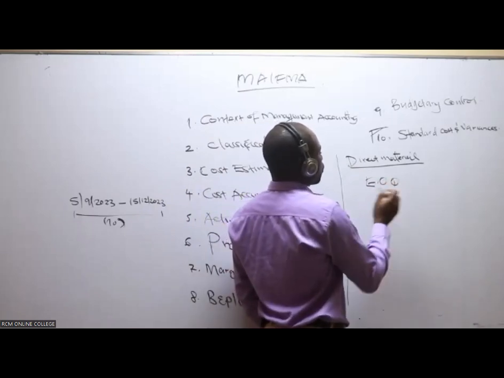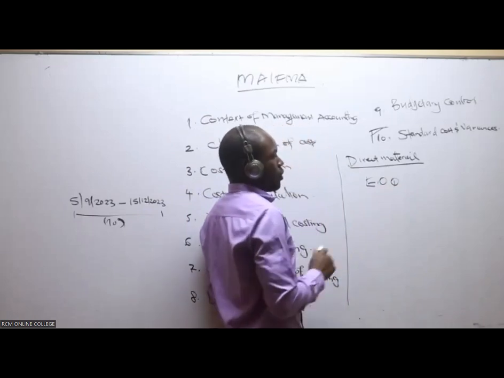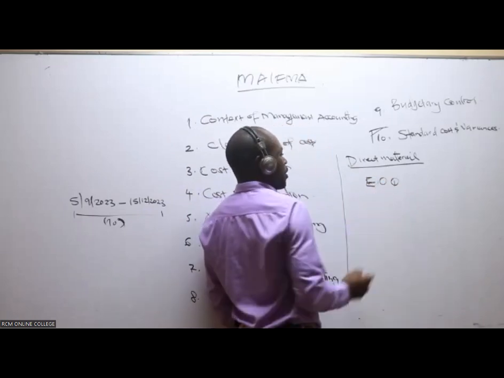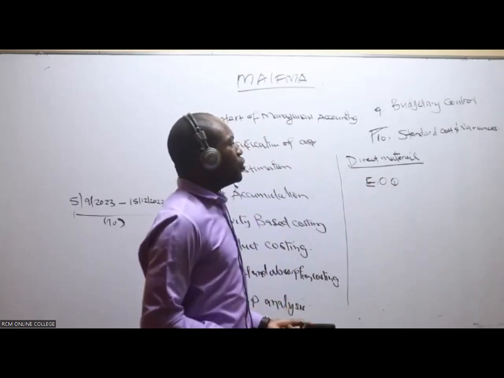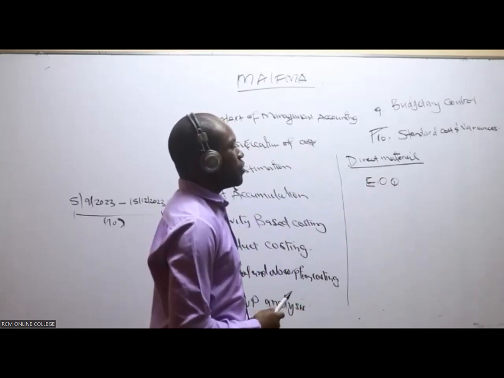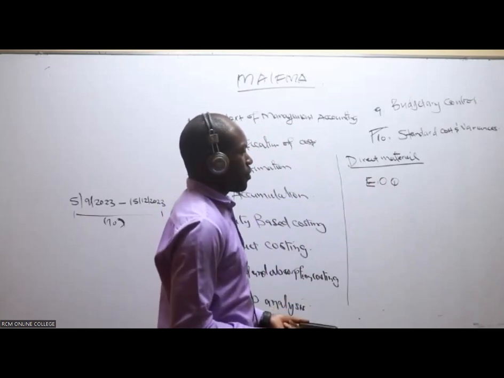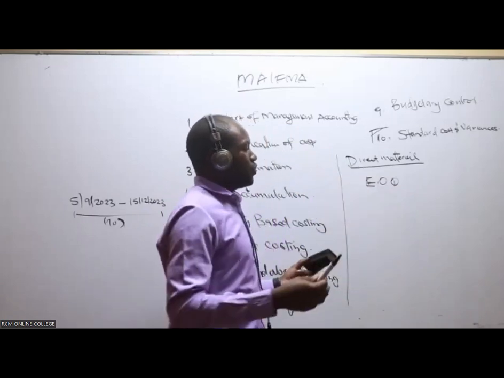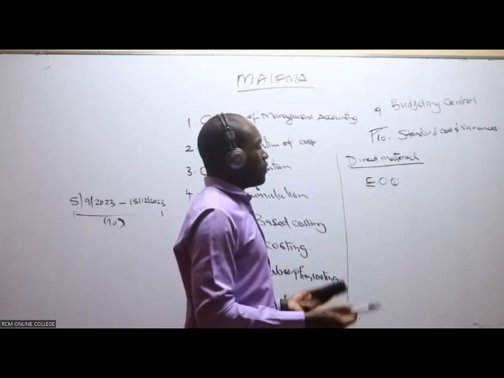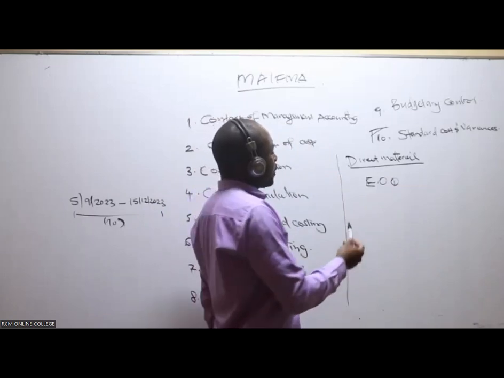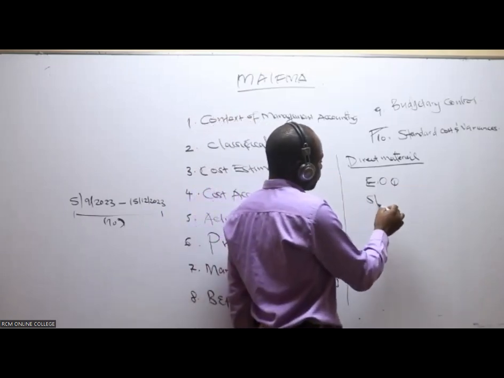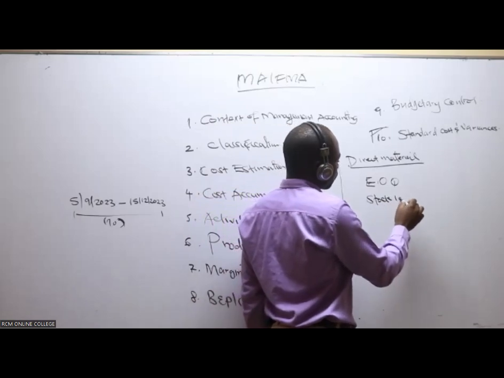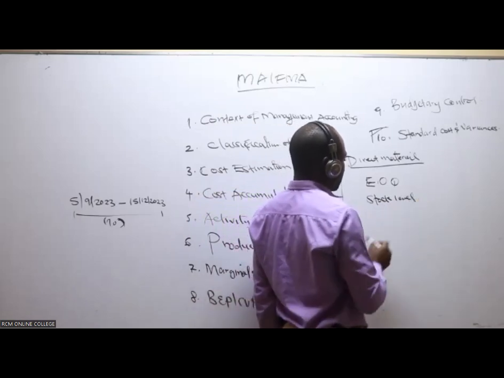Economic order quantity. We are going to do this. Another thing, when I'm going to remove goods or inventory, so that's direct material, I bring the raw materials to the product, then to the company, then I have what we call now the inventory. Under inventory, I need to know the stock level management.